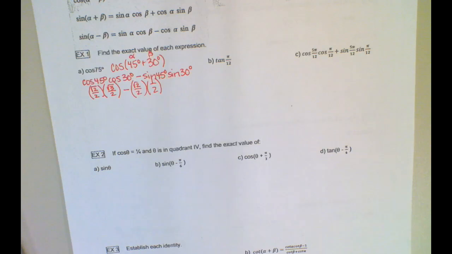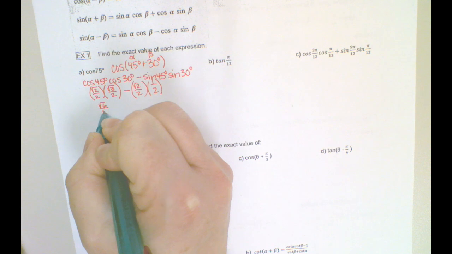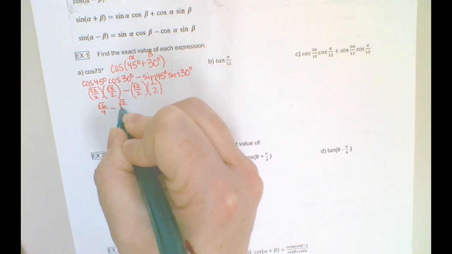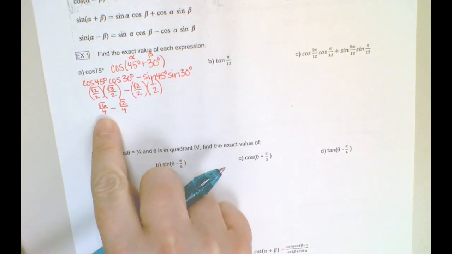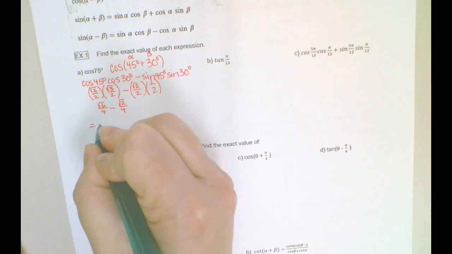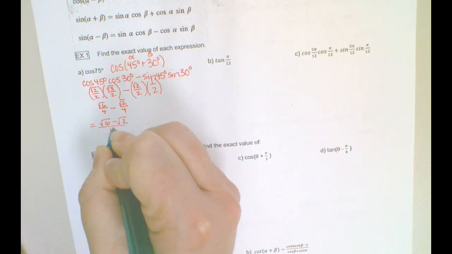And now the rest is just algebraic manipulation. Multiply the first two, that's radical 6 over 4. Minus, when I multiply the others, I get radical 2 over 4. They already have a common denominator, so I can go ahead and write them as one fraction.